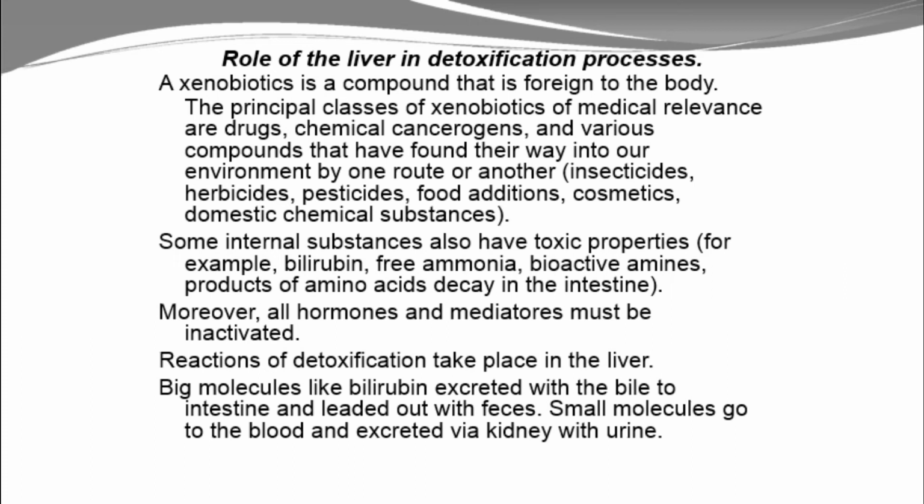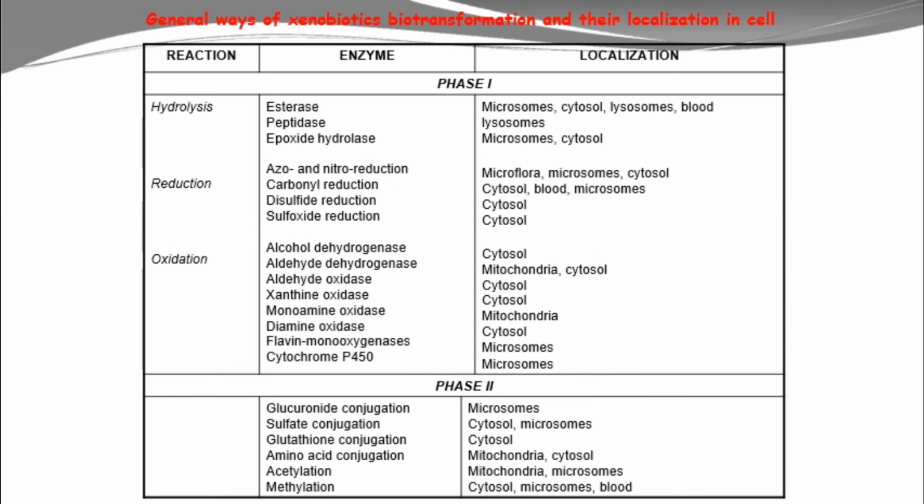Now let's check out what the reactions involved in this process are and how it happens. See here, the ways by which xenobiotics are biotransformed in the liver. The reactions that take place include hydrolysis, reduction, and oxidation. There are two phases of detoxification, phase 1 and phase 2.